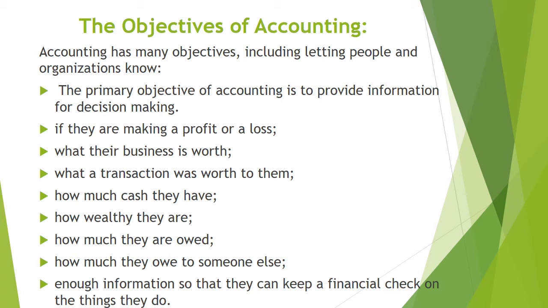And other objectives are: what their business is worth, what is the worth of the business, what a transaction was worth to them. In accounting we know about every transaction, how much cash they have.